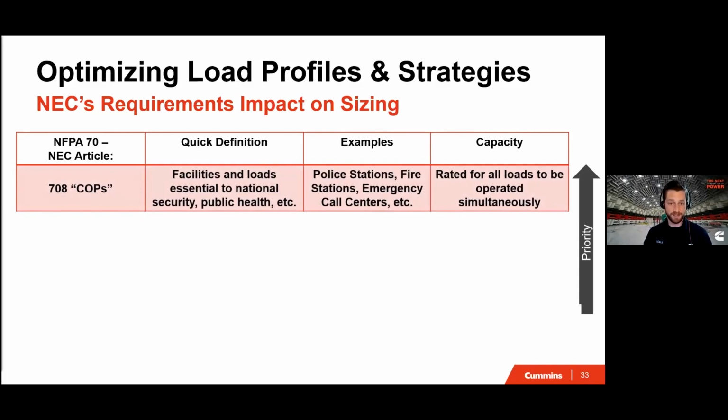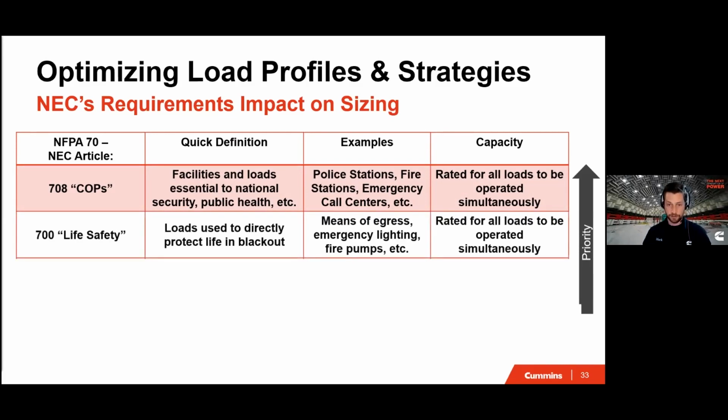Ordered from the highest to the least crucial, Article 708 for critical operations power systems are loads or even entire facilities that are essential for national security, public health, quite impactful to society. And in Article 700, loads serve the protection of human life in the event of a blackout, providing means of egress for safe evacuation. Loads for fire suppression systems fall under this category.